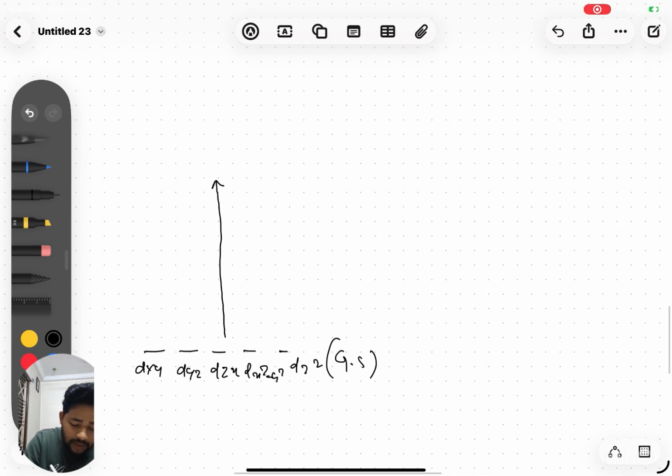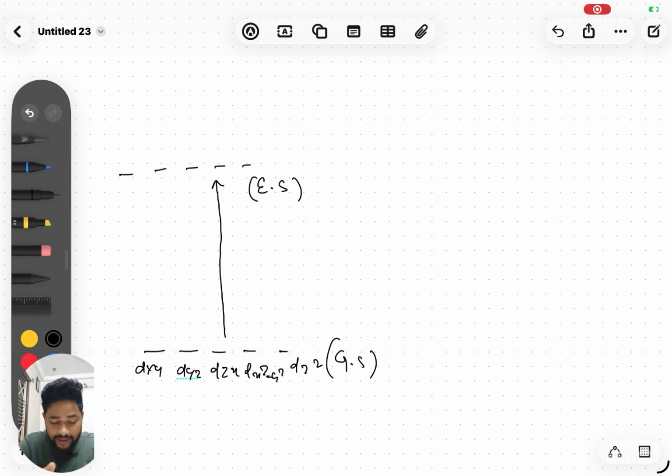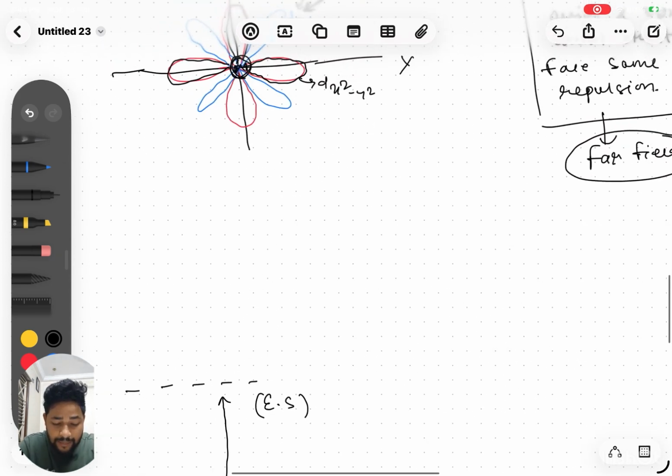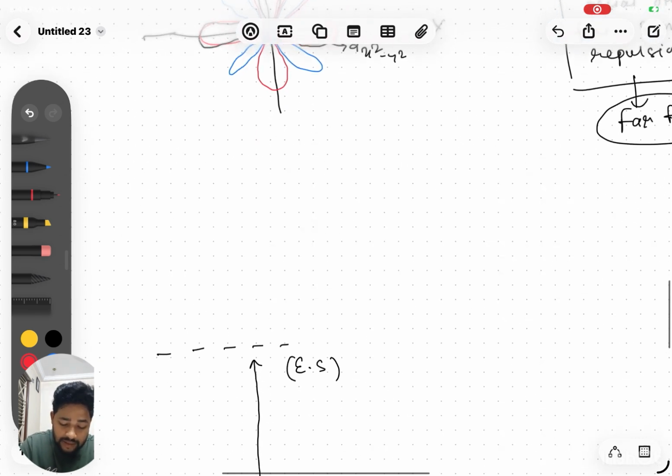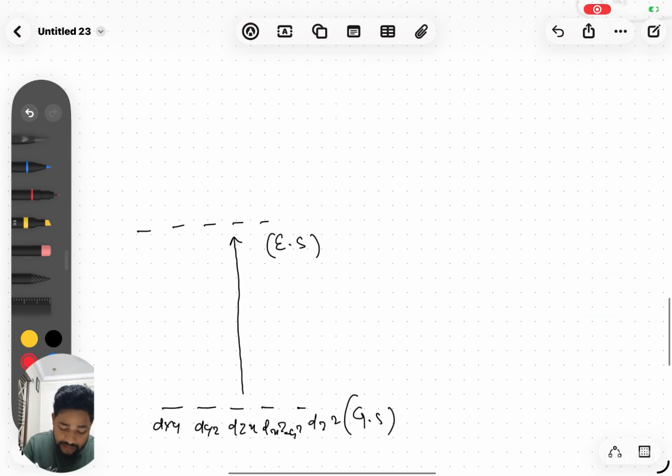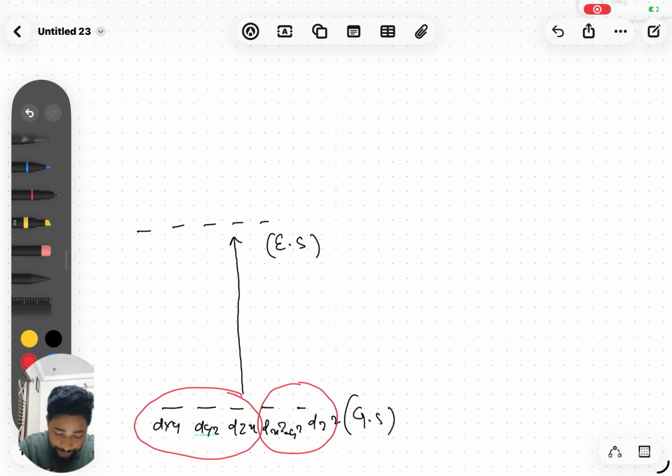That means in the excited state they are all degenerate orbitals. Now in the near field, there is high repulsion between the non-axial orbitals and the ligands.